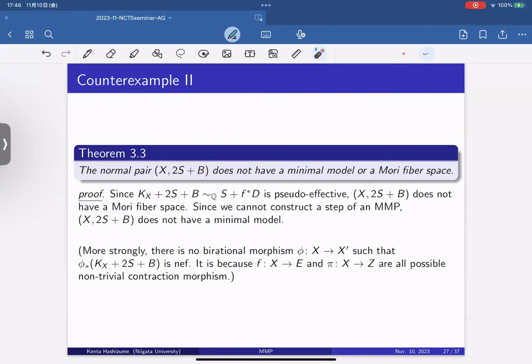And we have checked that this divisor is not Q-Cartier. And this morphism is not birational. So this pair is a counterexample to the second statement.